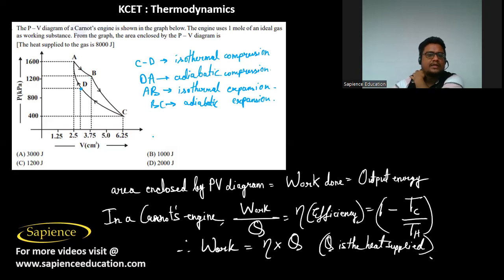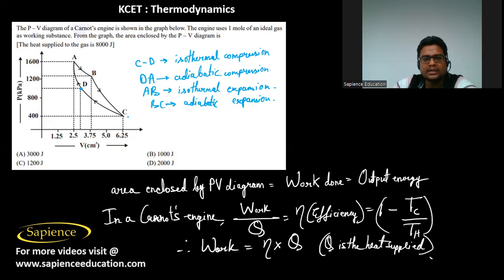So now we can find the temperature at point C. Since it is an ideal gas, we can use PV equals nRT.